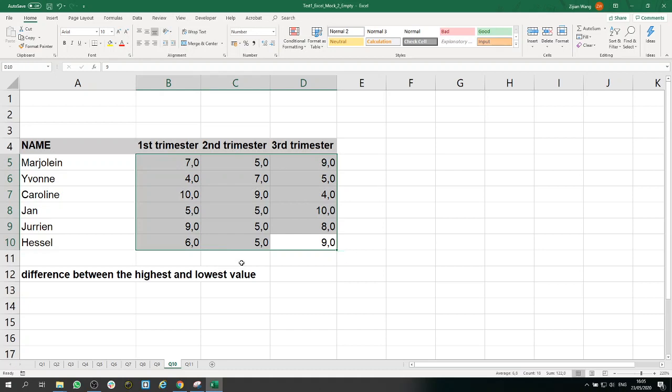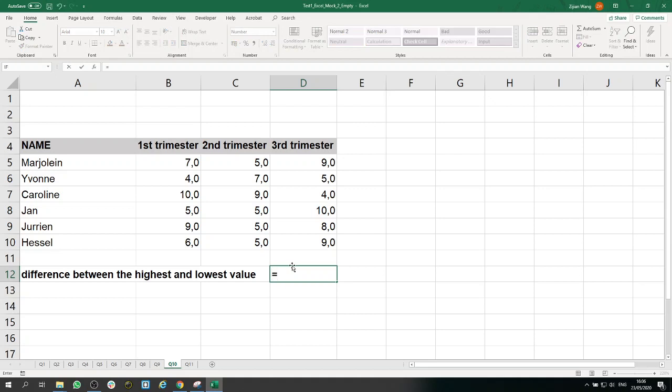That's how we find the lowest, and we need to make a calculation between MAX and MIN. So first we find the max value, which is this part, and then we go ahead and minus the minimum.